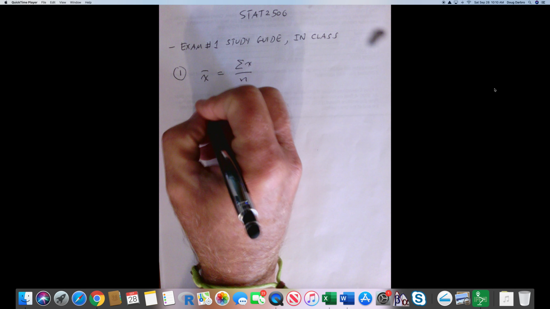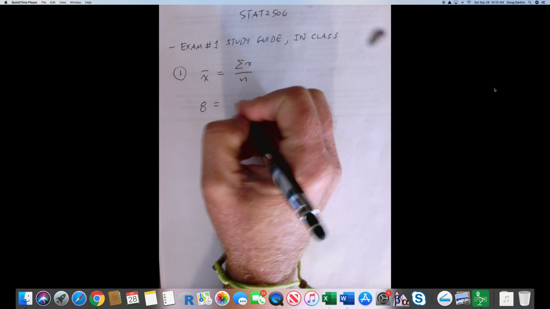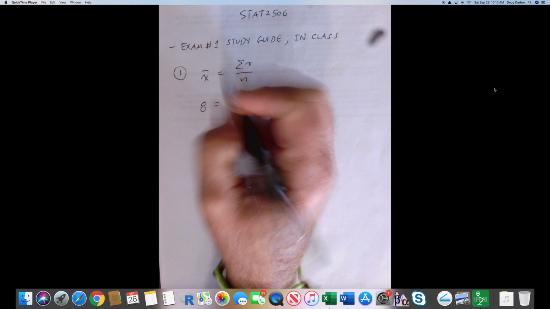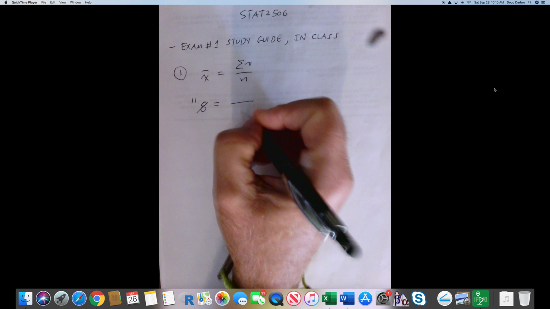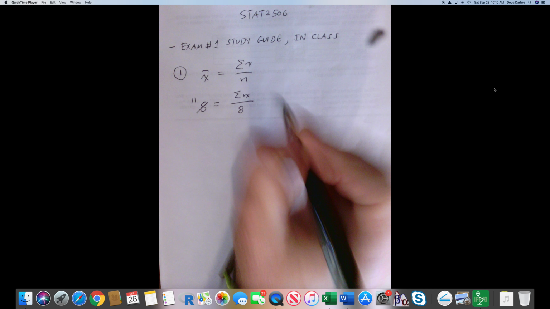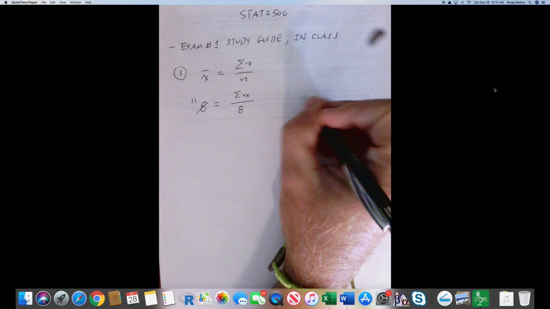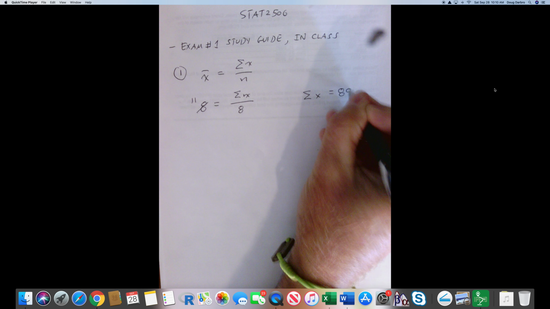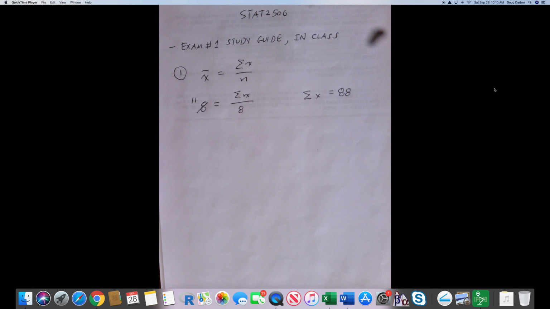So their average is 11. They've competed in 8 games, so the sum of the x's can be found easily by just cross multiplying. So the sum of the scores would be 88.